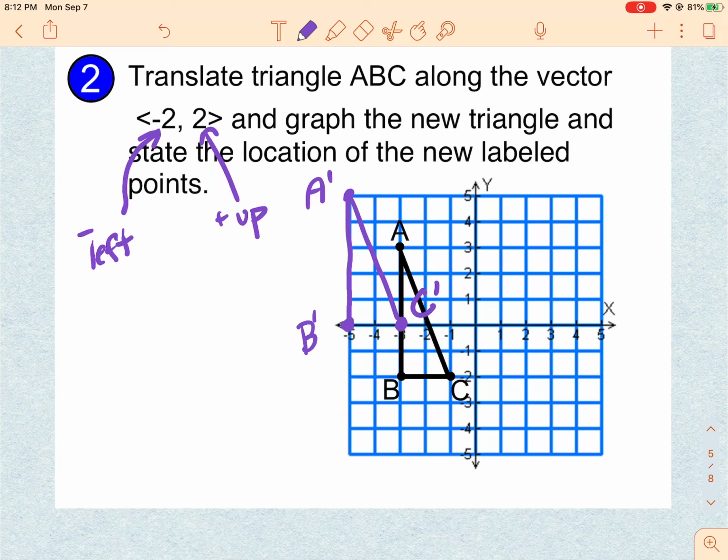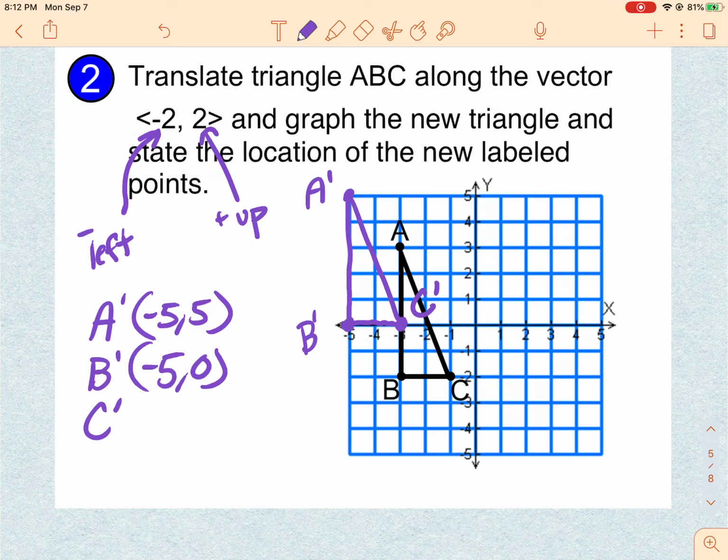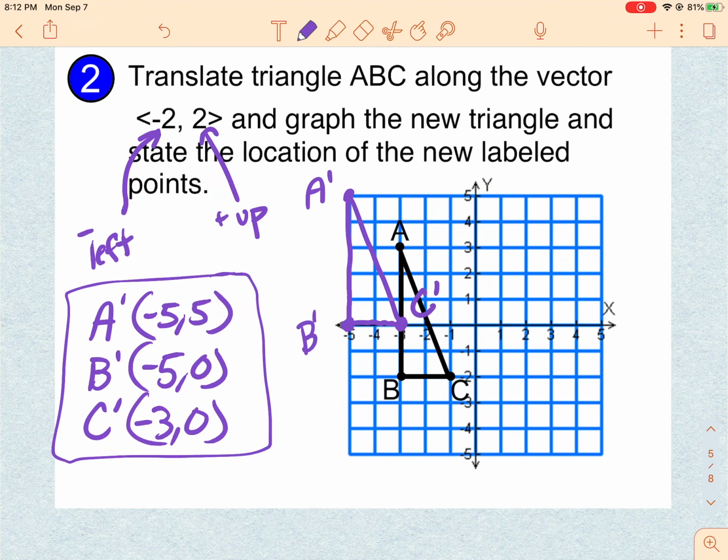Go ahead and form that triangle, and those coordinates are -5, 5, -5, 0, and then -3, 0. So a translation is simply moving an entire figure through a vector, left or right, up or down.